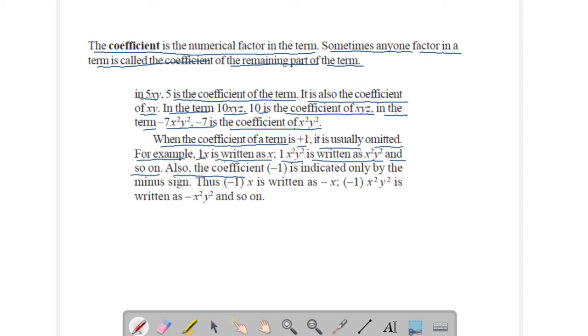Also, the coefficient minus 1 is indicated only by the minus sign. Thus, minus 1x is written as minus x. Minus 1 x square y square is written as minus x square y square, and so on.